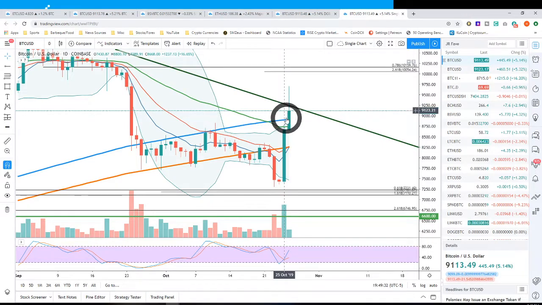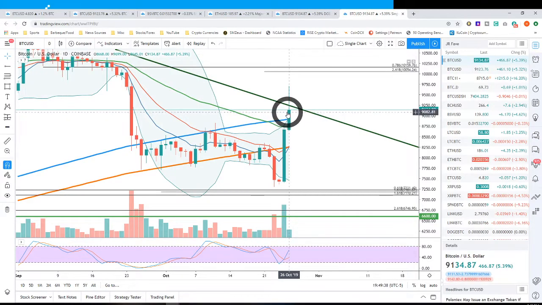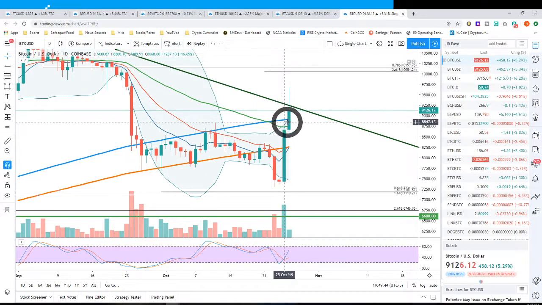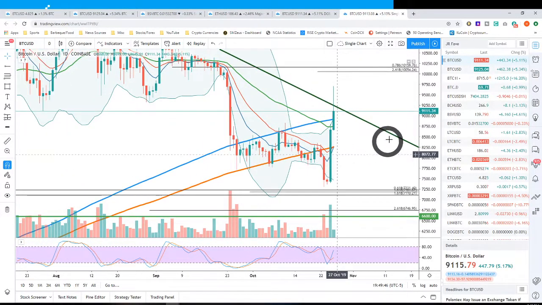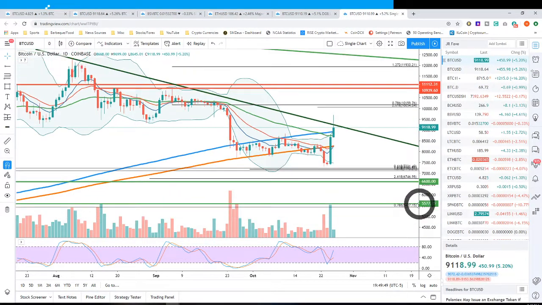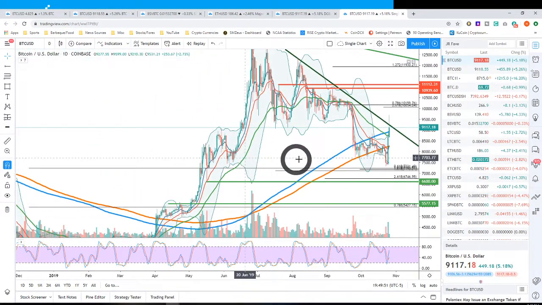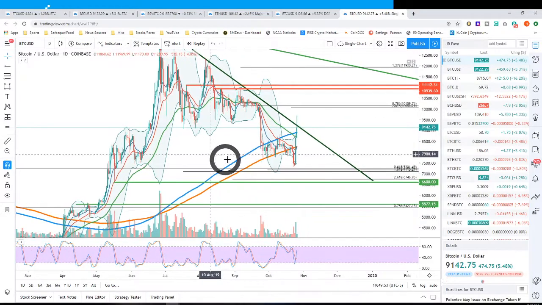Well, there's your follow through. Okay? This is a daily chart still, though, so keep that in mind. But, man, talk about some follow through. Good Lord. I mean, guys, this is looking good for bulls right now. It really is.